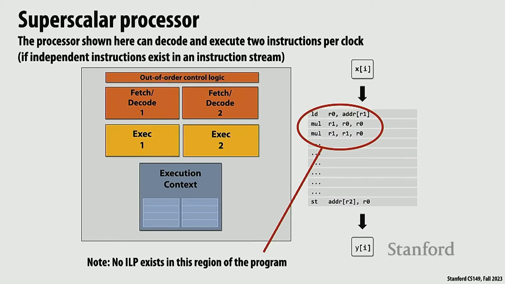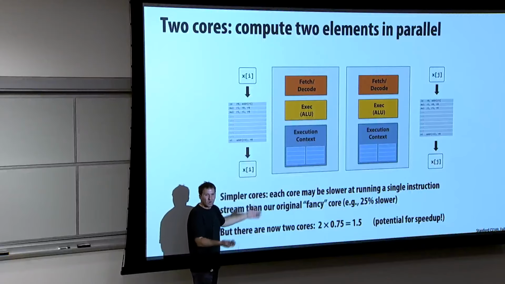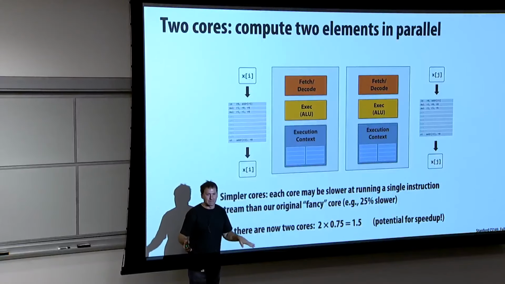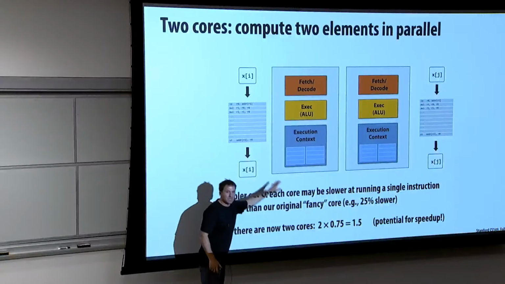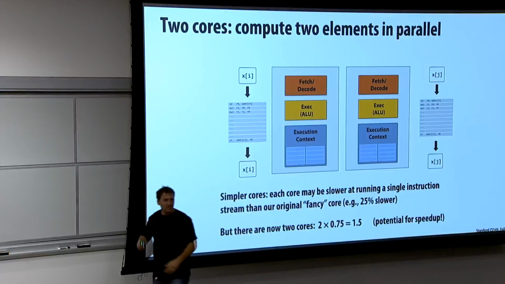And I'm going to use all those transistors I have on a modern chip to just replicate this, to make more of these processors. So now I have a processor, but it's a parallel processor. I'm going to use the term core, but there's nothing precise about this in the industry. So now I have a multi-core processor that just duplicated everything that was needed to run one instruction stream.